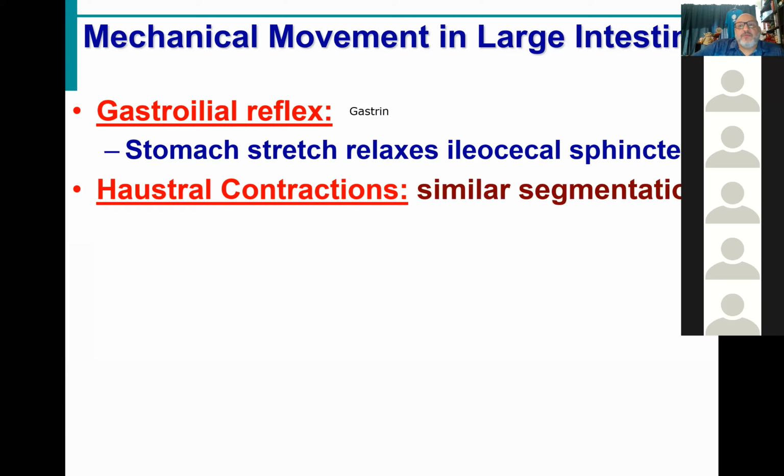But there are some other movements that are unique to the large intestine. One of them are haustral contractions. If you think about it, we have, and I can draw it here, these pouch-like structures. So we'll throw 3 haustra here together.